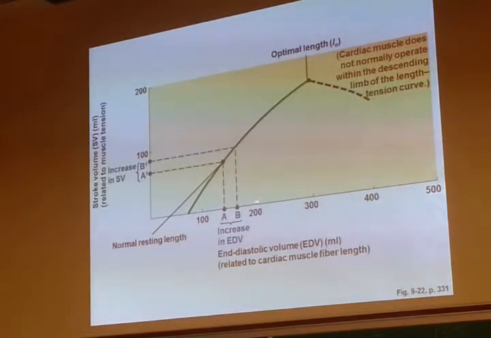So you can keep increasing your end diastolic volume with increased venous return, but you're going to run up against a point just slightly under 300 mLs where you lose efficiency. The heart won't work beyond that point efficiently, and that's what it says here.